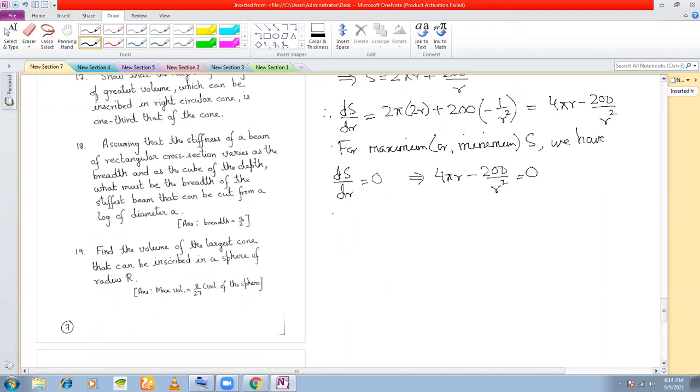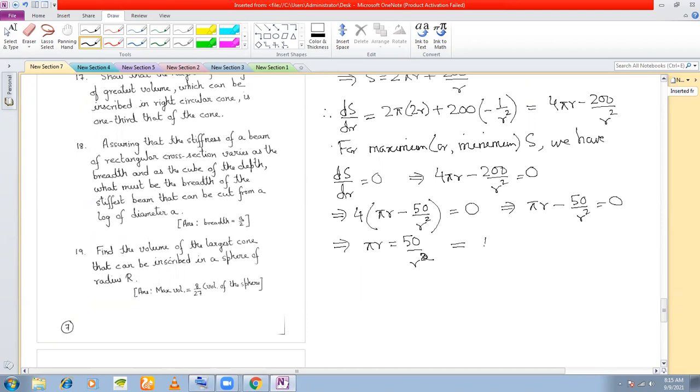You can take 4 common to get 4 times pi r minus 50 by r square equal to 0. That means pi r minus 50 by r square is equal to 0. That means pi r is equal to 50 by r square.